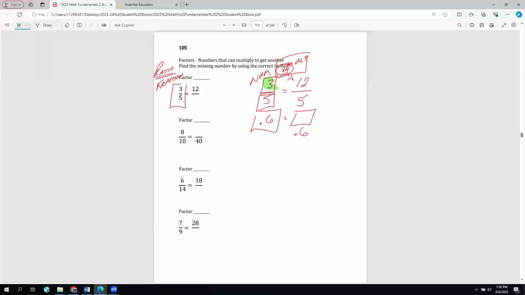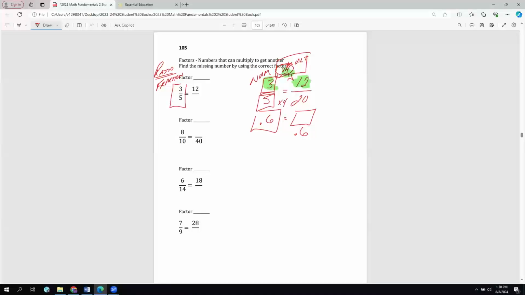So because I multiplied this 3 times 4 to become 12, I need to do the same to the denominator so that I have an equivalent fraction. If I take 5 and multiply it also by 4, I will get the number 20. And guess what?